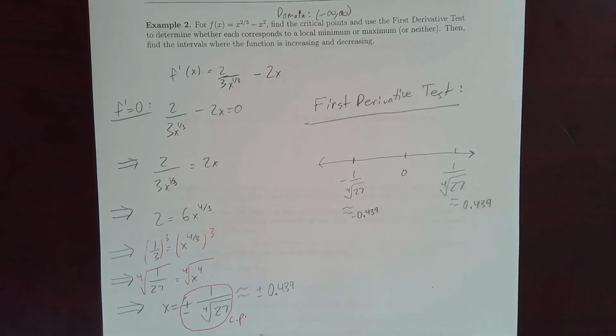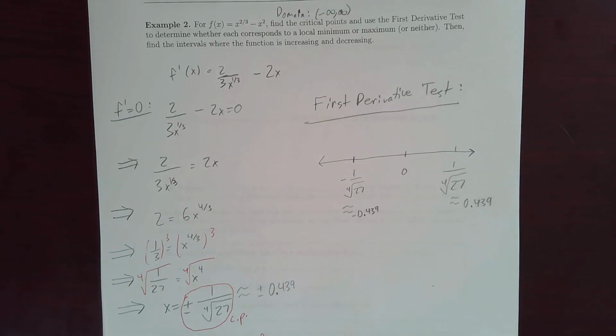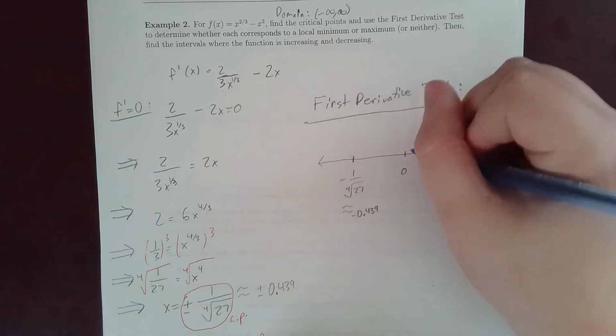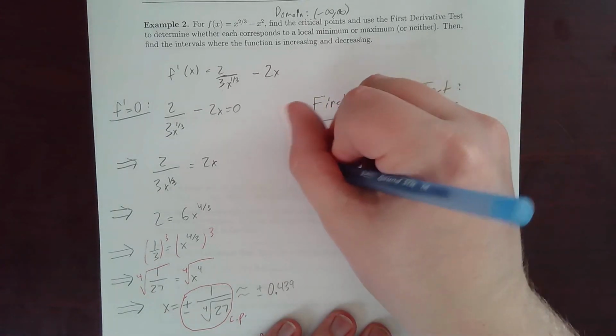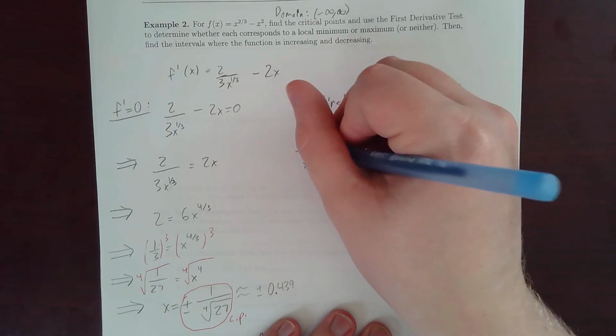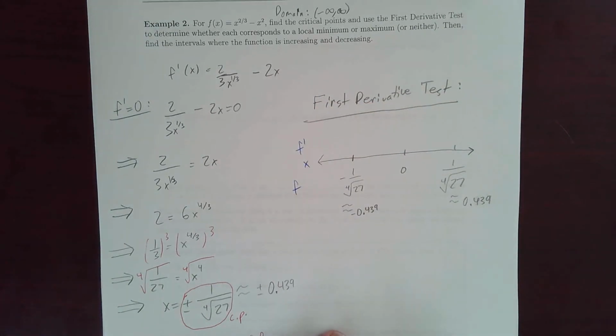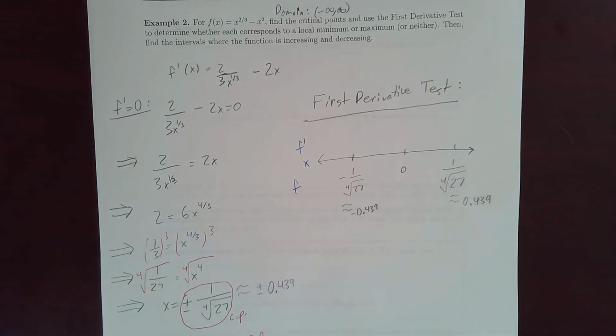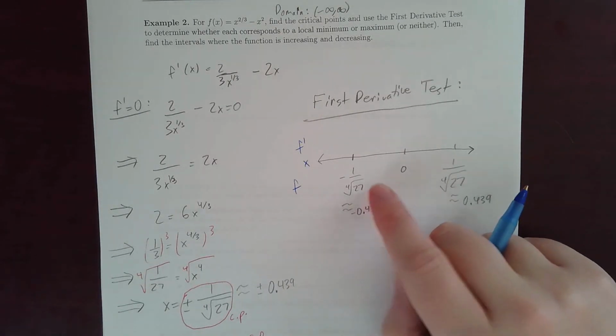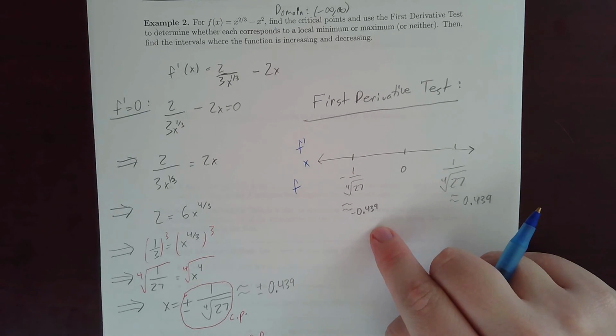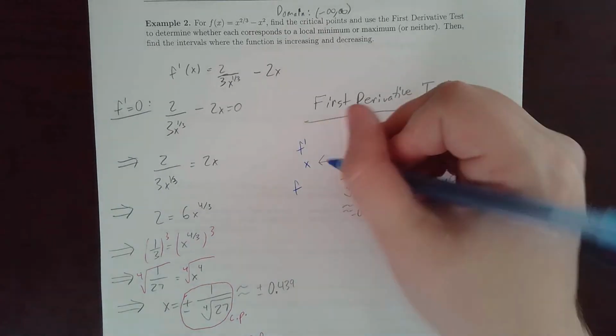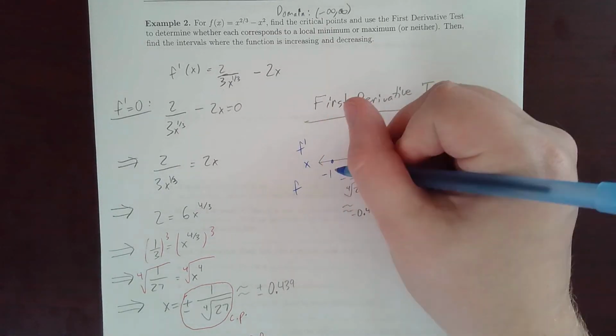And so we need to make sure that we're picking values on our intervals that we can go ahead and try to plug in for the derivative to check out our function. So if we wanted to pick a value that was smaller than -0.439, one option would be -1.